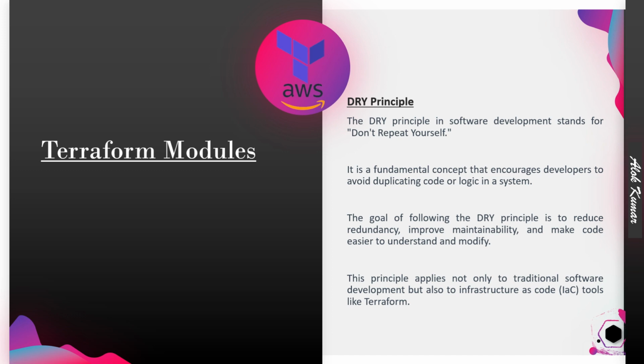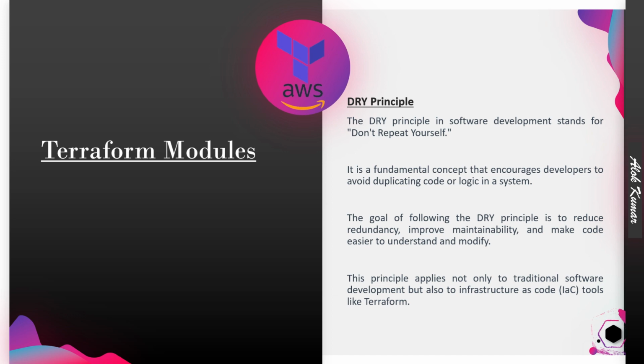So we split all the things. For the EC2 resources we create a different Terraform file, for the provider a different Terraform file, and for variables a different Terraform file. In this way we make a structure that is easy to understand.